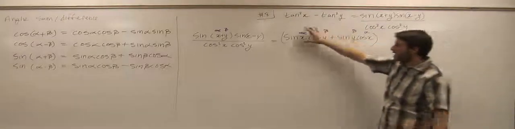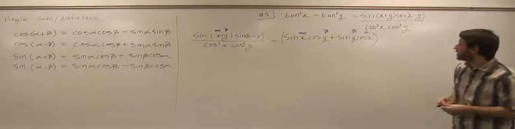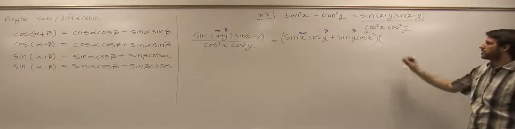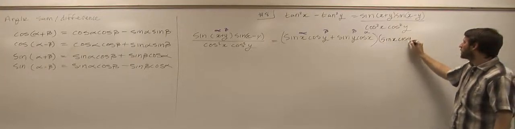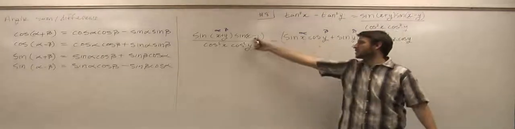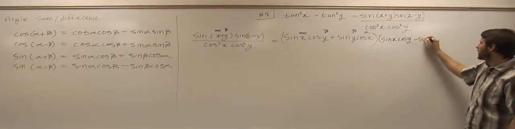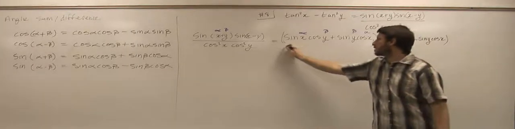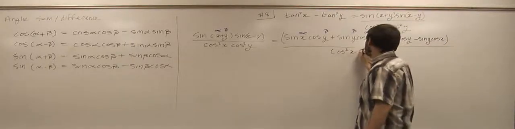So there's the sine addition formula applied to the first factor. And then you apply the other formula to the second factor. So you do sine x cos y, but then this sign is going to change because it's now a subtraction. So it'll be minus sine y cos x, all of this over the denominator.